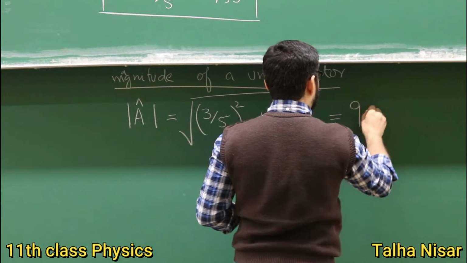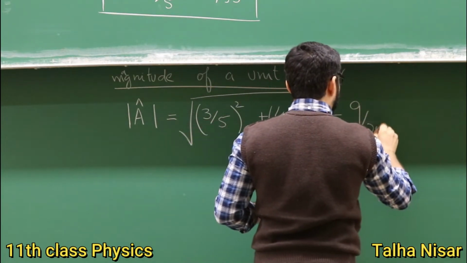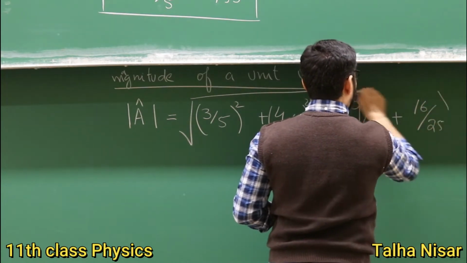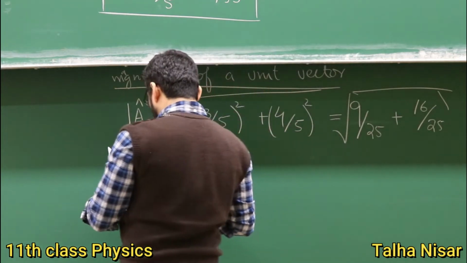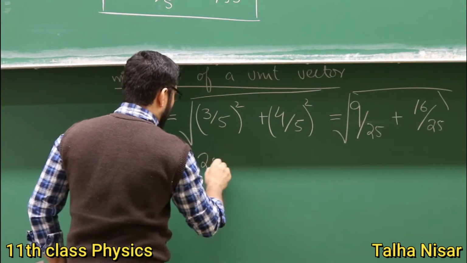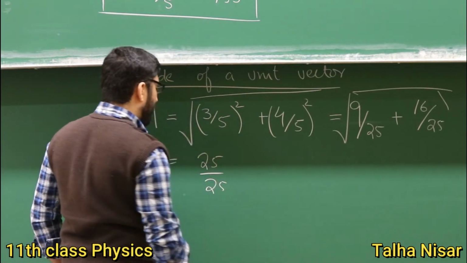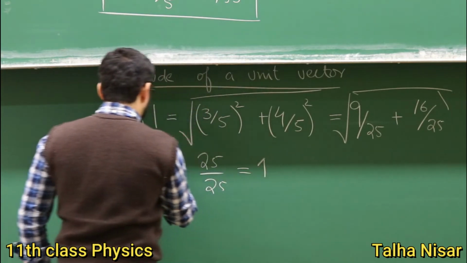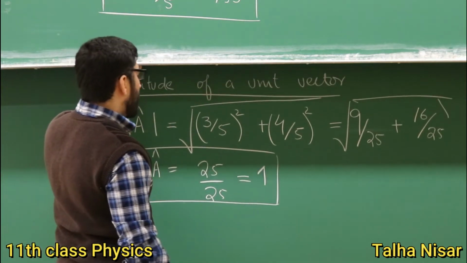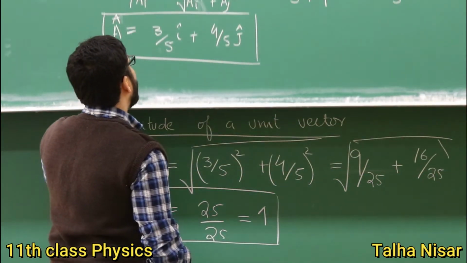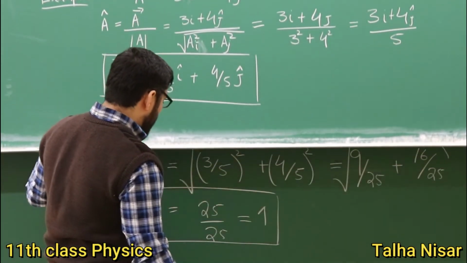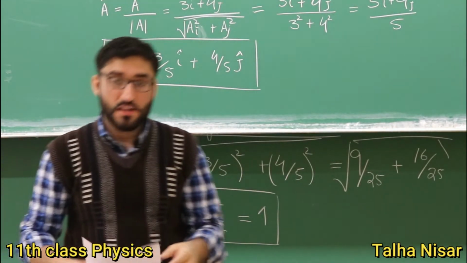So we get 9 by 25 plus 16 by 25, which is 25 by 25, equal to 1. So we just proved that the magnitude of the unit vector is 1. We first found the unit vector itself, and then we found that its magnitude is 1.